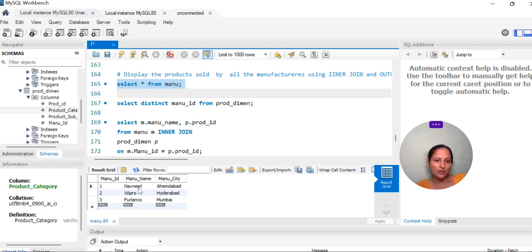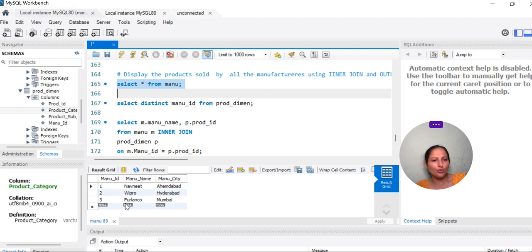The manufacturer names are Navneet, Wipro, Furlenco and the manufacturing cities are Ahmedabad, Hyderabad and Mumbai. So this is the output of the manufacturer table.